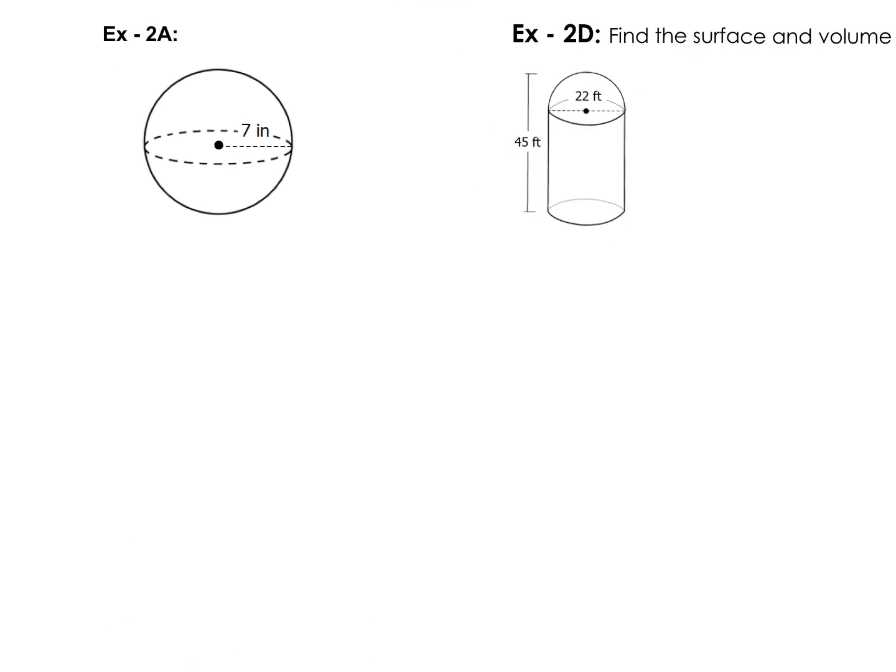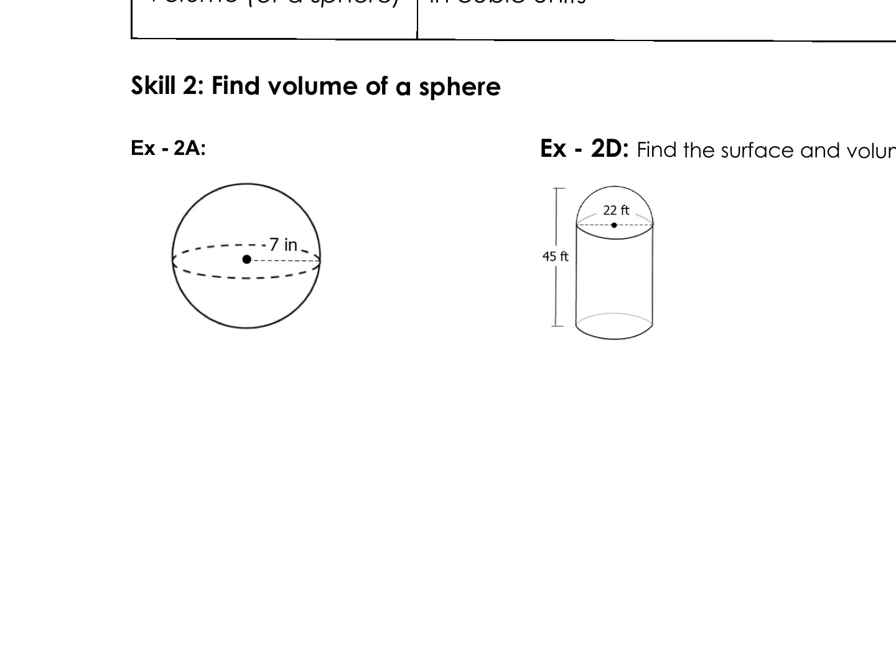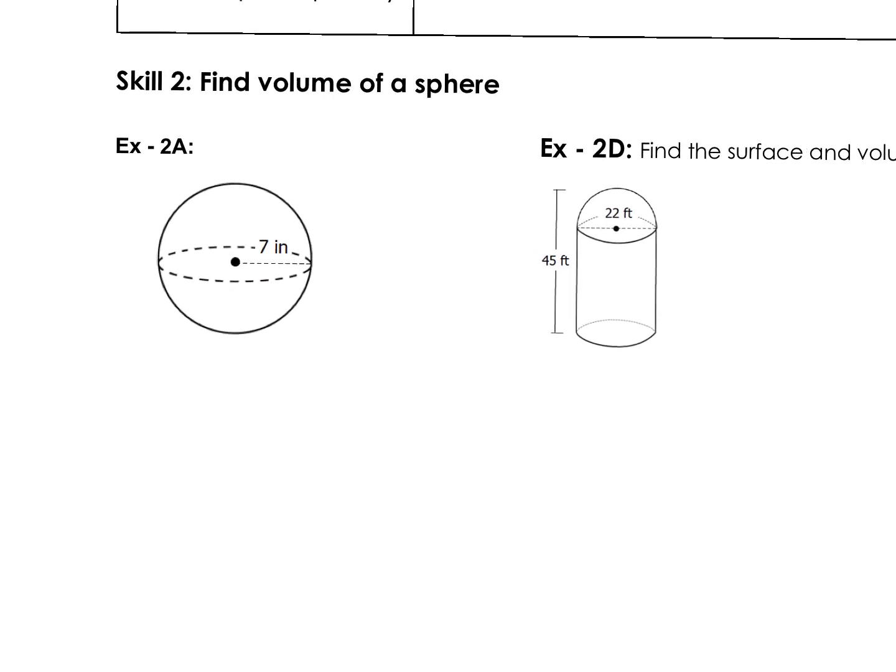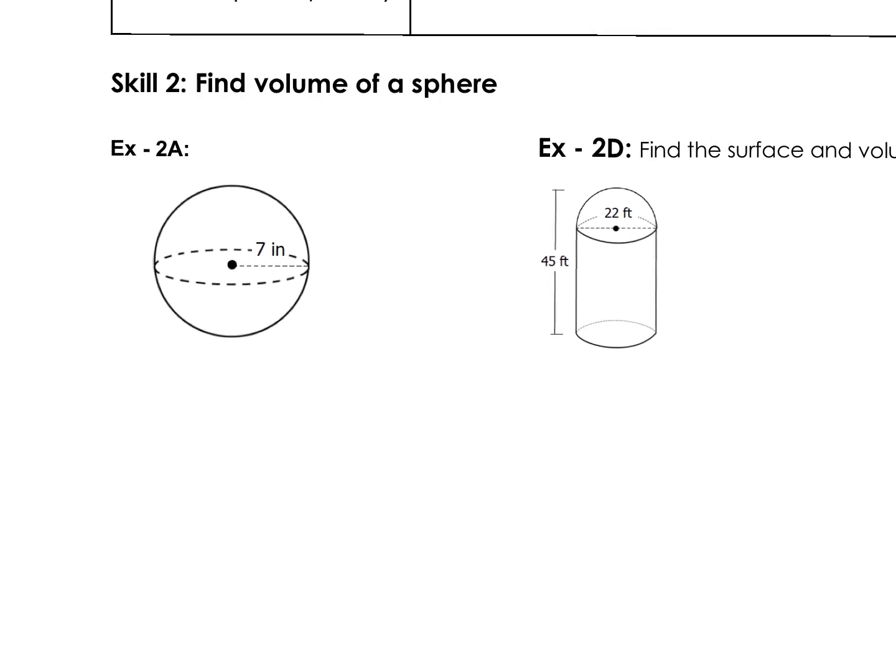So I just want you to go ahead. I think that you're perfectly capable of using that formula. So go ahead and pause the video. You have the information you need because this right here is your radius. So pause the video and just apply the volume formula, bearing in mind that the pi r cubed part is in the numerator.